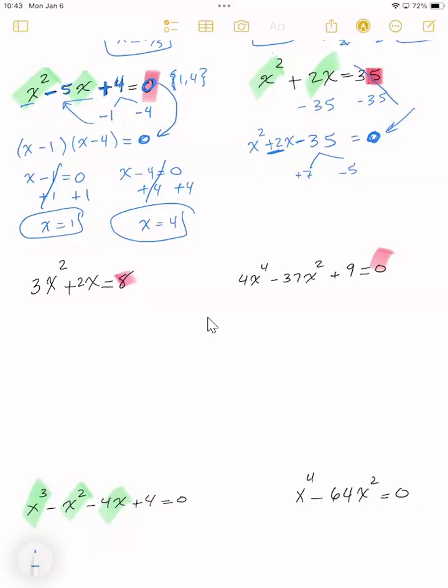Those are the factors, because 7 times negative 5 is negative 35, and 7 minus 5 is positive 2. We want to have positive 2 and negative 35. So 7 and negative 5 are the factors.